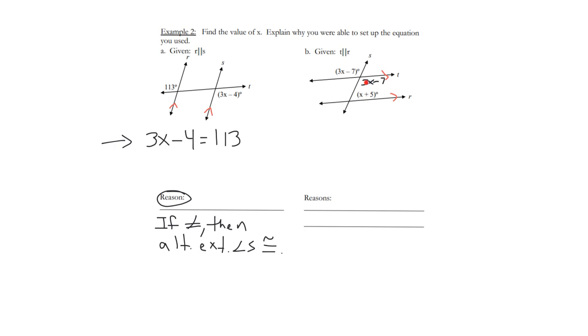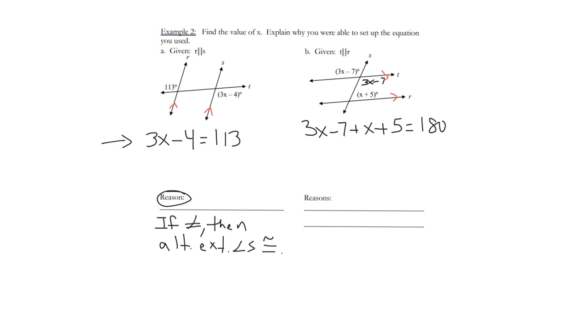Well, the answer is yes. They are same side interior angles. And we know that if the lines are parallel, then same side interior angles are supplementary. So be careful with this one. We need to write 3x minus 7 plus x plus 5 equals 180 because they're same side interior angles and they are supplementary.